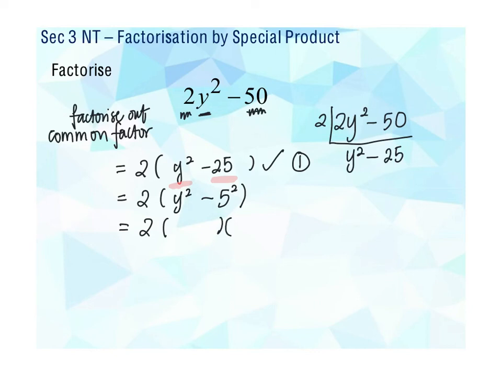I will have two brackets. Y times y will give me y squared. 5 times 5 will give me 25. And I must have 1 plus, 1 minus. So there will be the solution. Okay, this is a second mark. This is a star question.